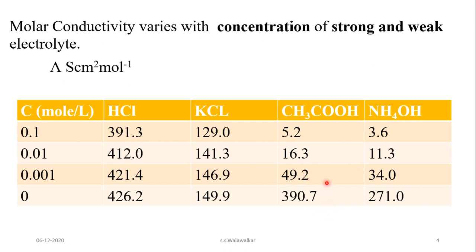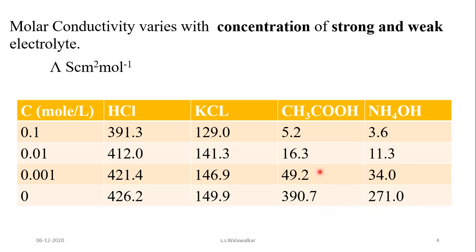And if you observe this difference, that is the variation of molar conductivity of strong electrolyte and weak electrolyte, and if you compare it, then this increase is not much, but this increase is very large.